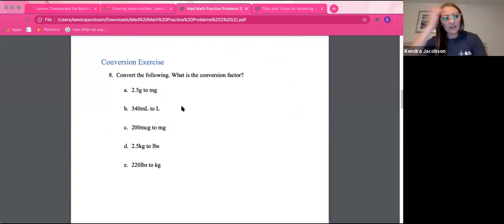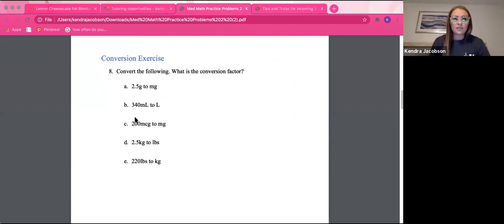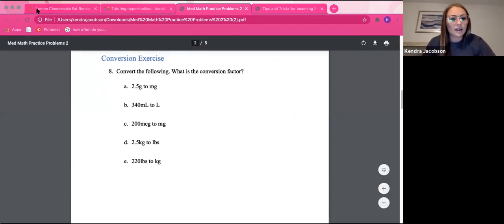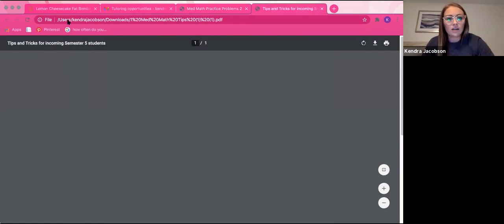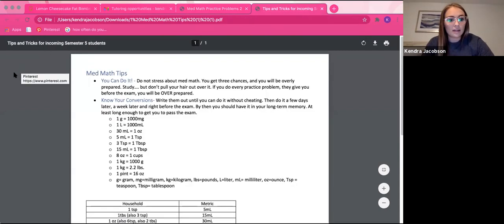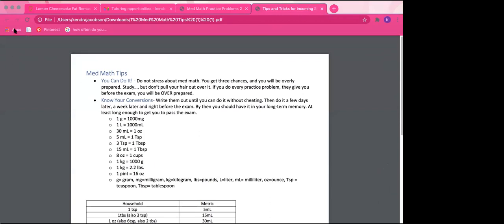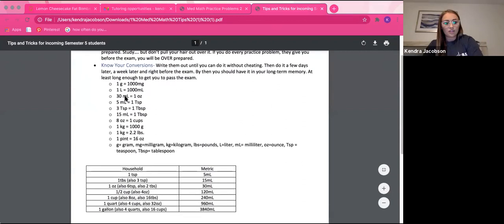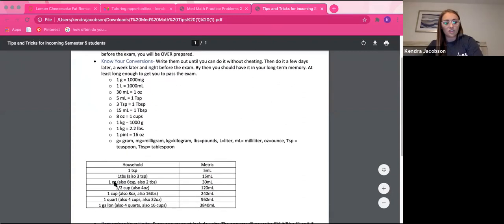Okay, conversion factors. So this is one that I'm going to honestly switch pages for. Can you guys see the MedMath tips? Cool. So if you guys wanted to get a picture of Know Your Conversions, this whole list from 1 gram to 100 milligrams, and then all the way down to the gallon equaling that many milliliters.